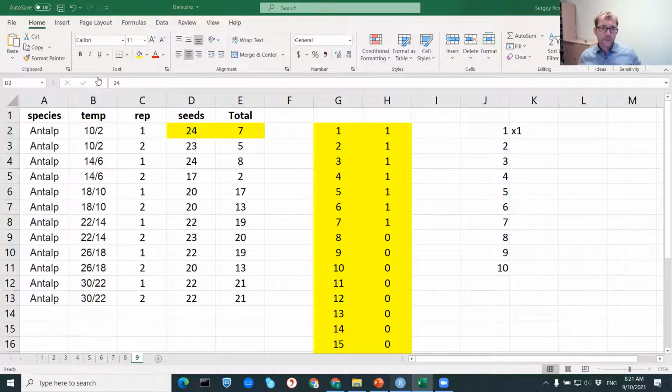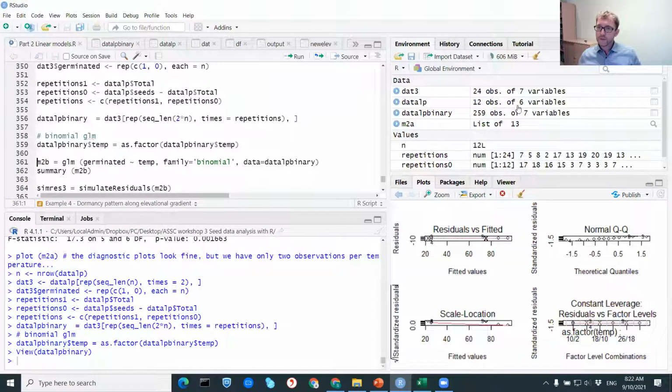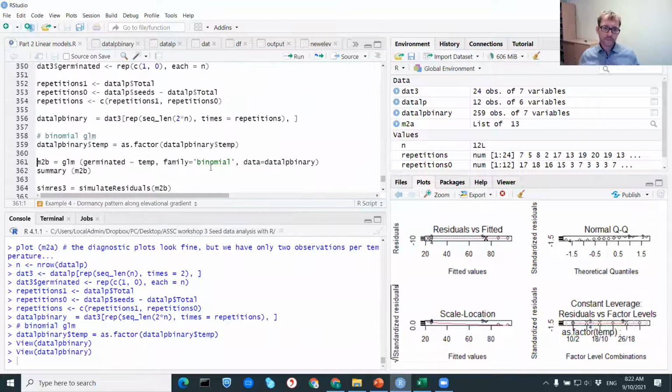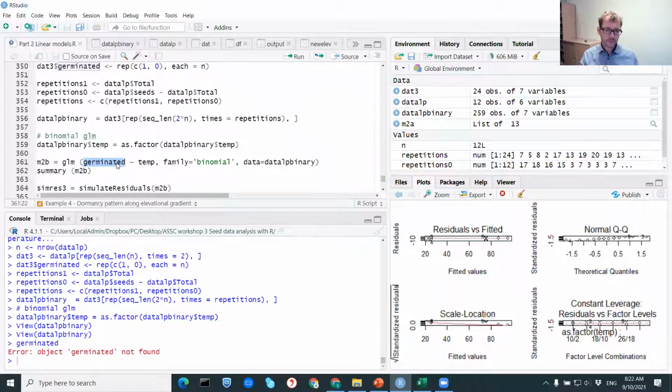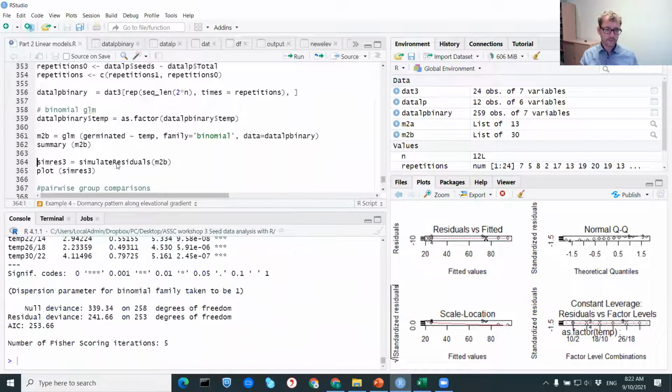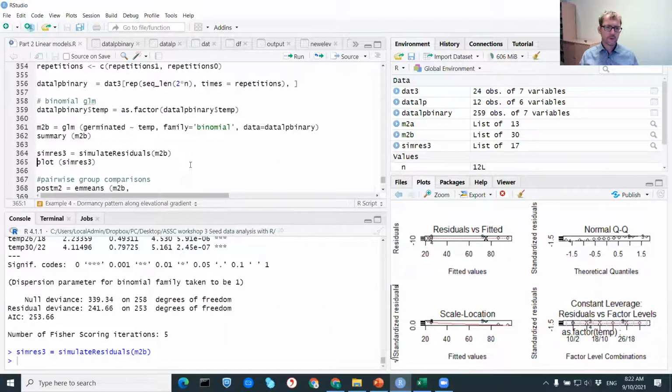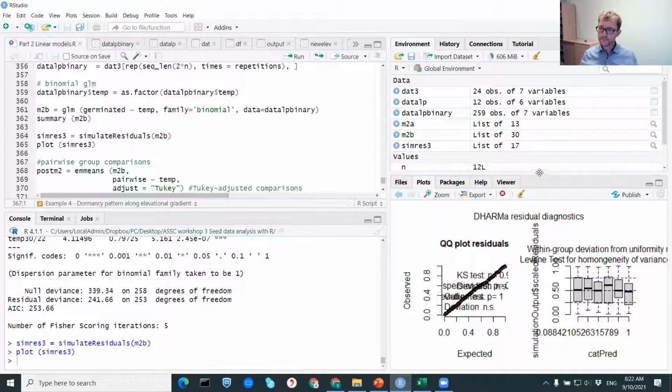Right, I think I'm going to show it to you better. So now this is the data we're working with. I transformed the data from proportions to binary data. I'm fitting here a GLM with binomial data. Then I check the residuals.